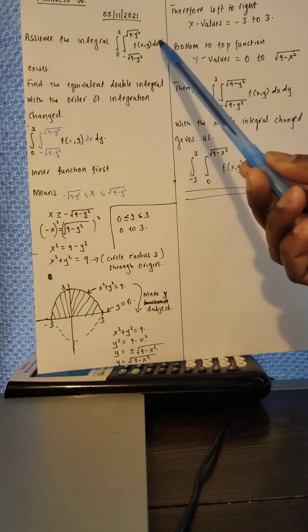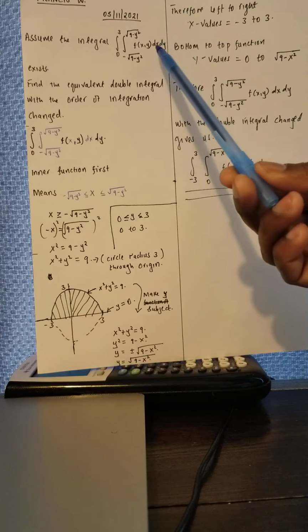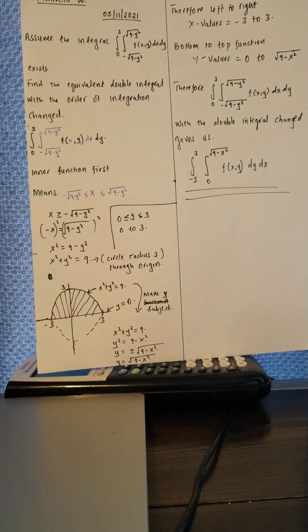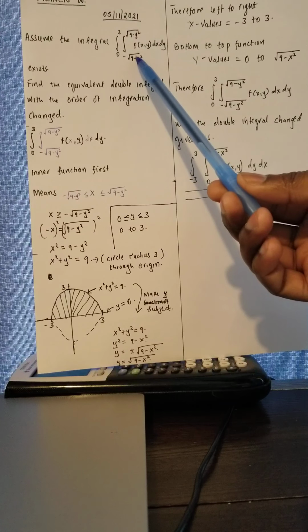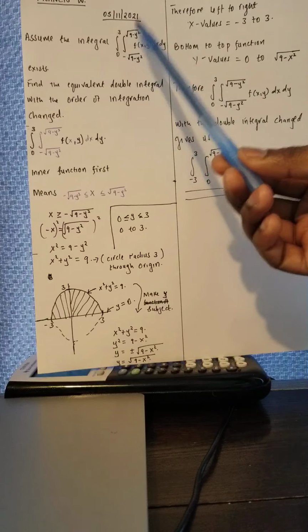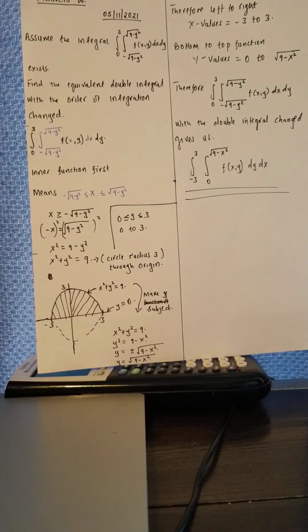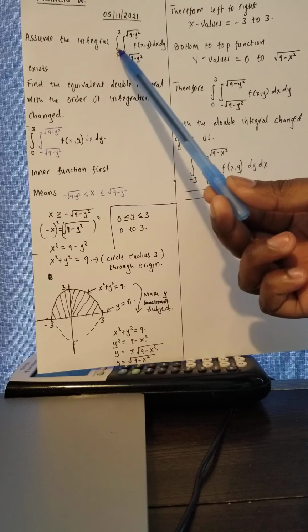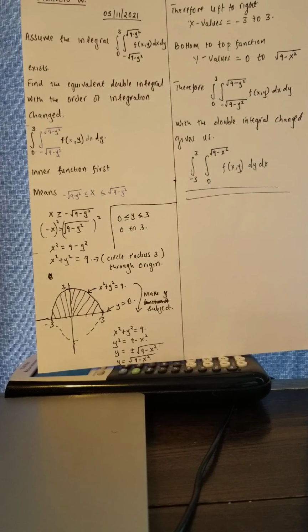So this inner function here represents the limits of integration for x. The lower limit is minus the square root of 9 minus y squared. The upper limit is the square root of 9 minus y squared. And then the lower limit for y is 0, and the upper limit for y is 3.